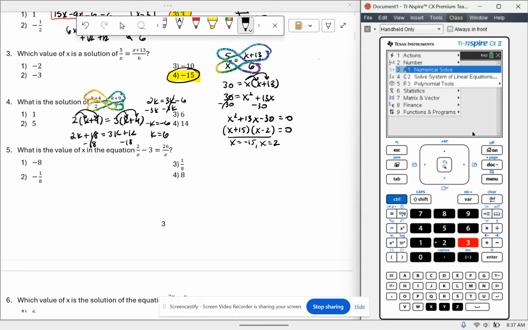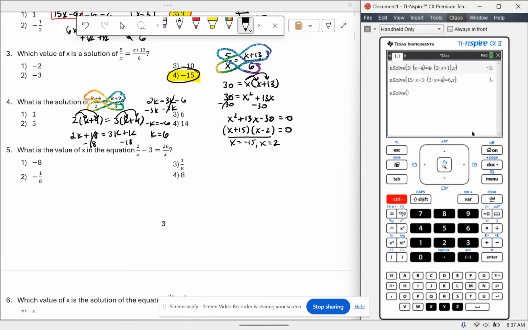I have k plus 4 over 2 equals k plus 9 over 3, and then I'm going to do comma k at the end. And I get k equals 6. Yay, that's what we got over here. Perfect.